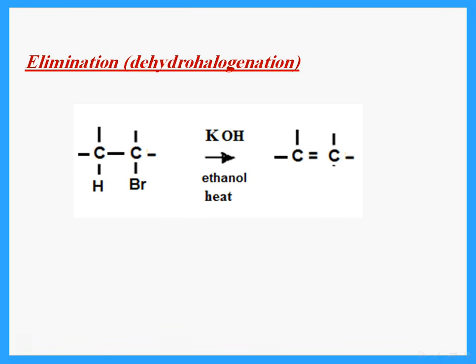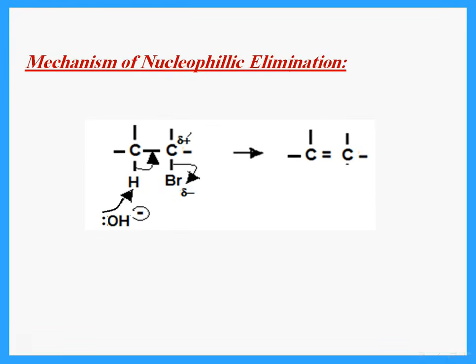But if it is alcoholic KOH, or KOH in ethanol, and heat, it removes H and Br, so it forms an alkene. This is an elimination reaction, or what we call dehydrohalogenation. The mechanism of this, please note, is still nucleophilic because the OH minus is a nucleophile that is attacking, but this is nucleophilic elimination.